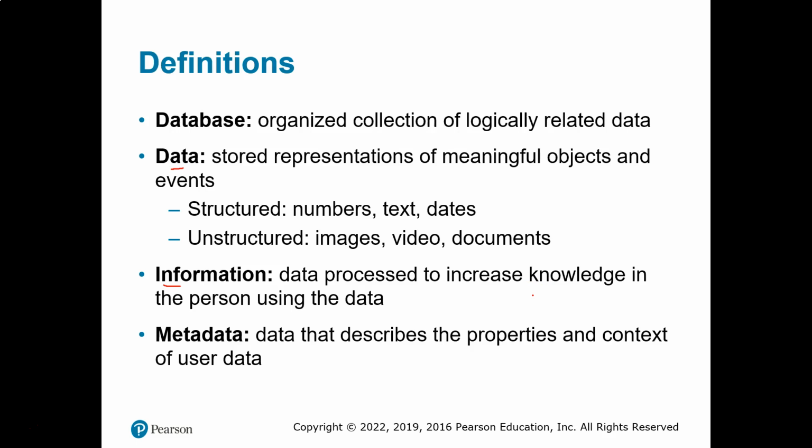But and lastly, right, metadata is data that describes the data, right? As confusing as that definition might be, it talks about the properties of the data you're looking at. So it could be, what are the field names we're looking at, right?